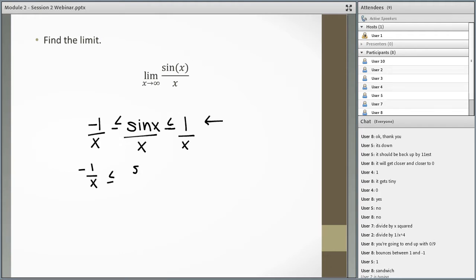So I have negative 1 over x is between sine x over x, just rewriting the line up above, and 1 over x. And now what I can do is take the limit of the two outside functions, and if it's the same value, then that's the value of our limit. So I have the limit as x approaches infinity of negative 1 over x. What does that go to?